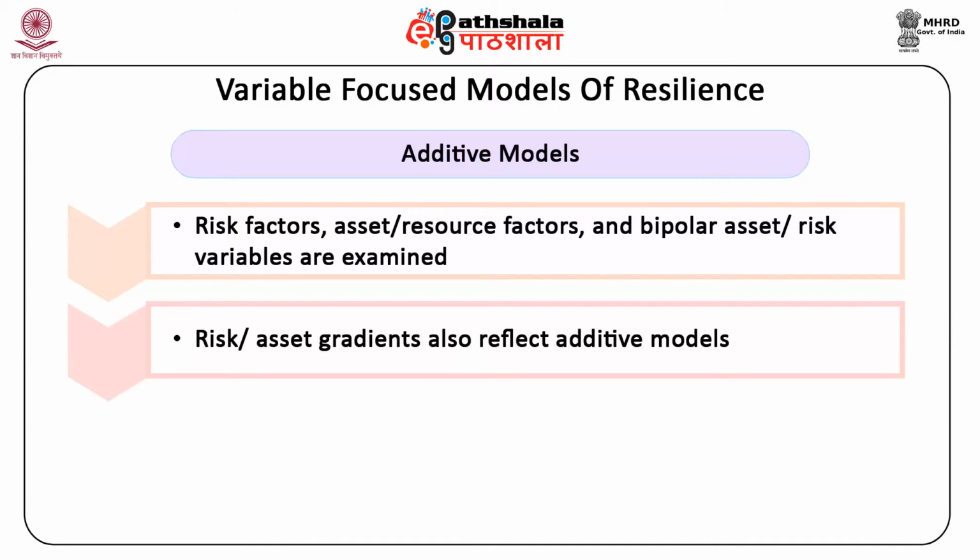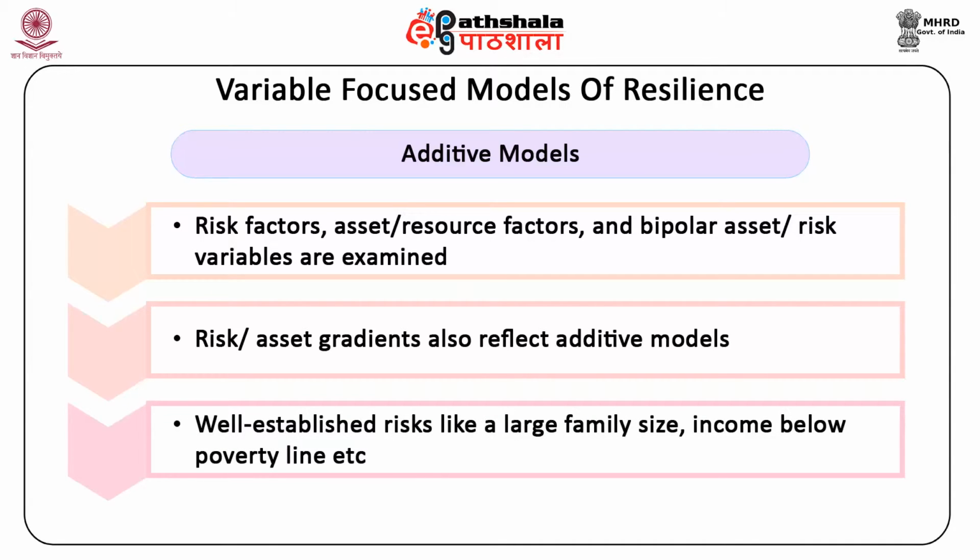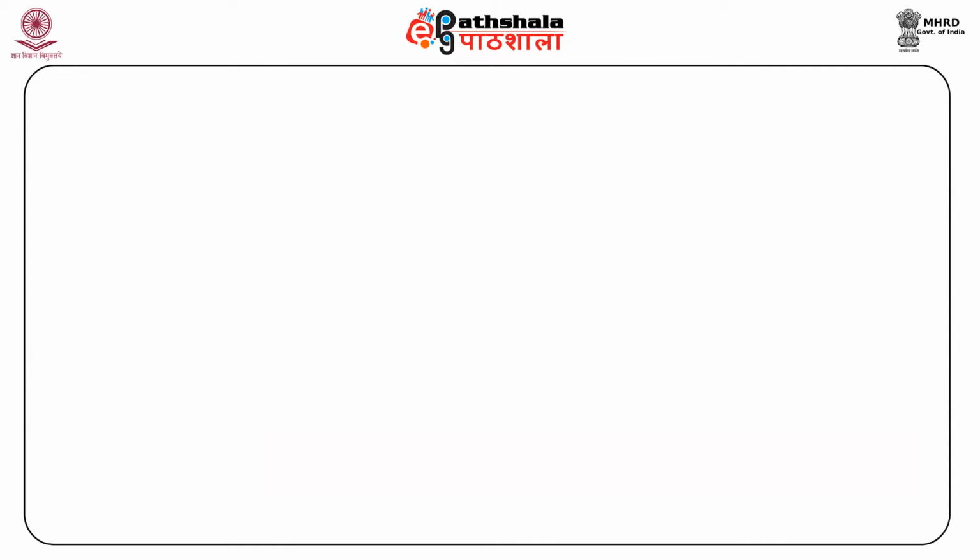Risk or asset gradients also reflect additive models of this kind. Risk factors in such models often include well established risks like a large family size, income below poverty line, etc.